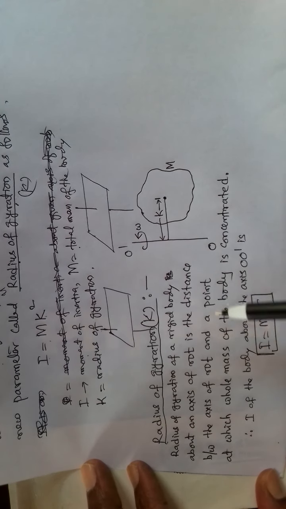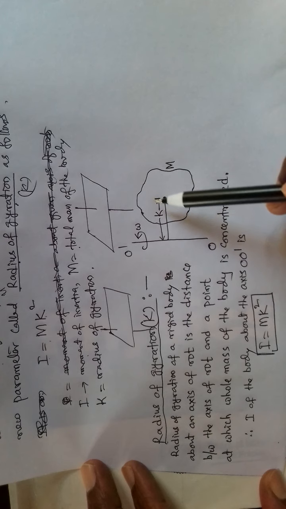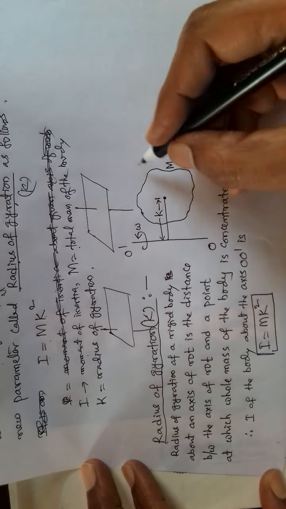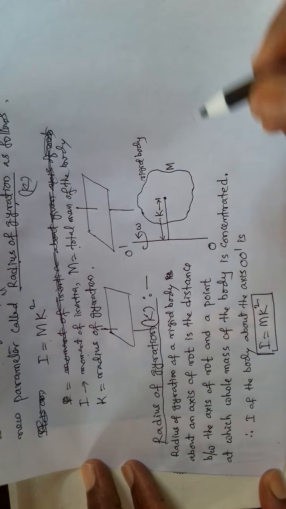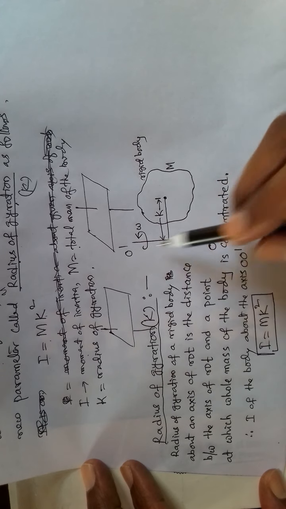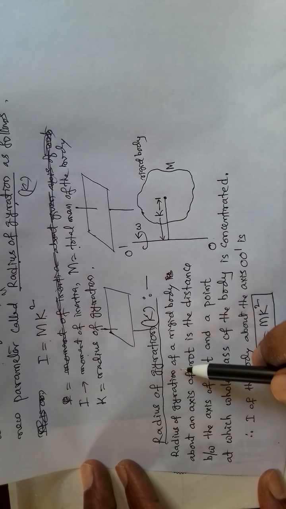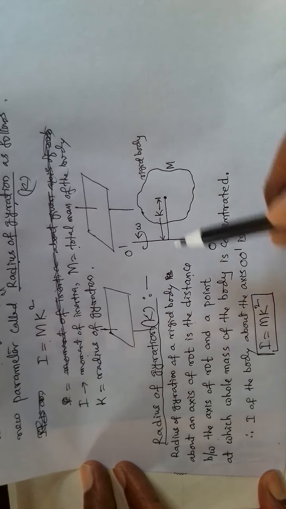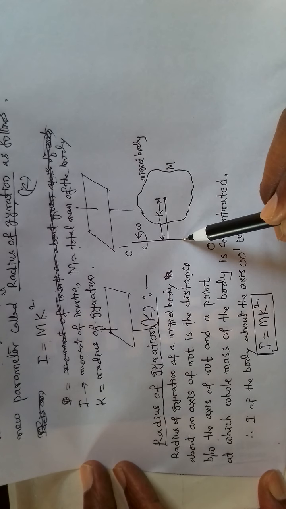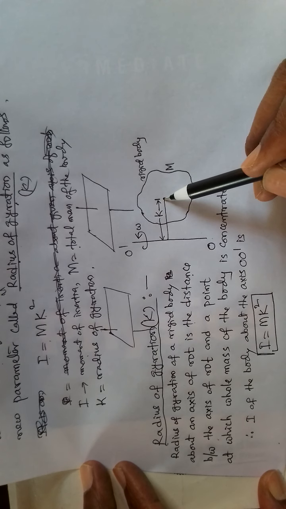Now let us define radius of gyration. We have taken a rigid body, and it is being rotated about the OO dash axis. OO dash is the axis of rotation. The radius of gyration of a rigid body about an axis of rotation is the distance between the axis of rotation and a point at which the whole mass of the body is concentrated.